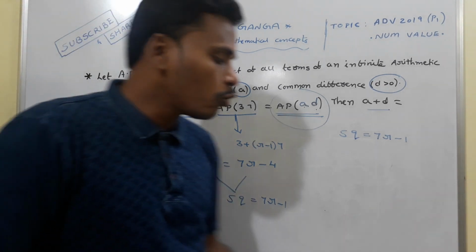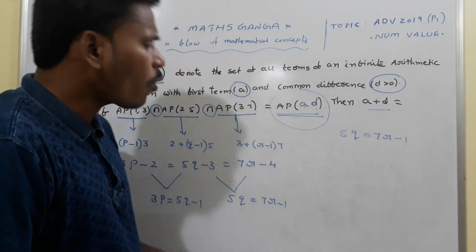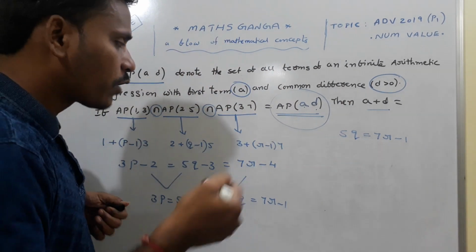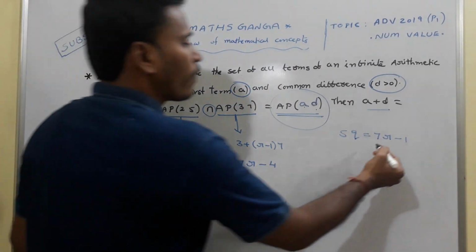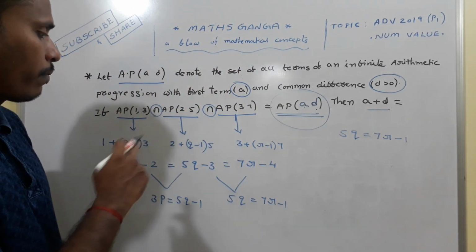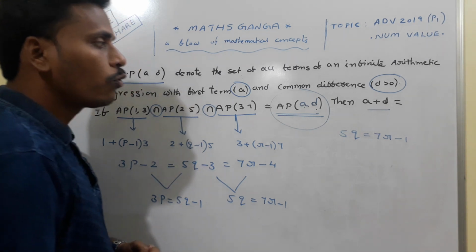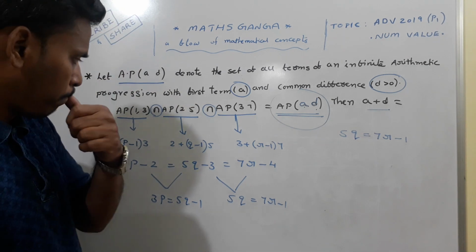From there, we need to find the values of p, q, r. Which value of r satisfies this to give 7r minus 1 as a multiple of 5? And then which value? We have to find that out.